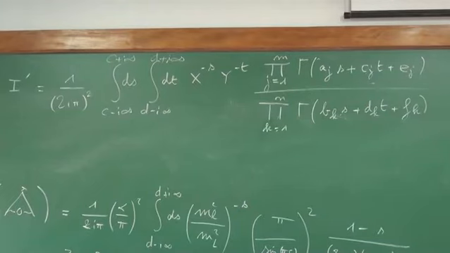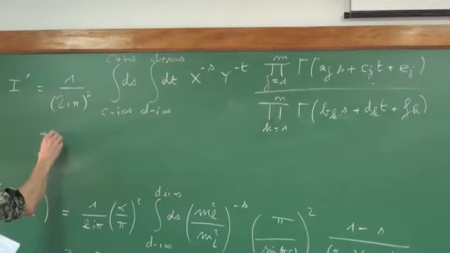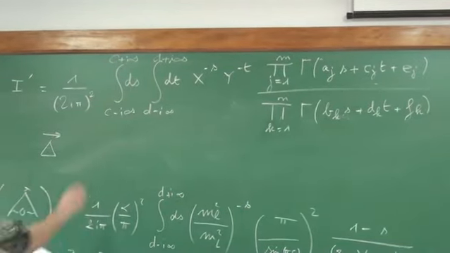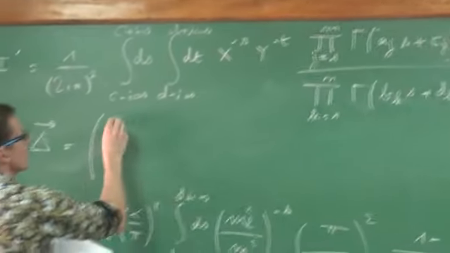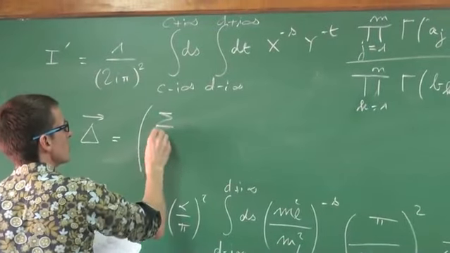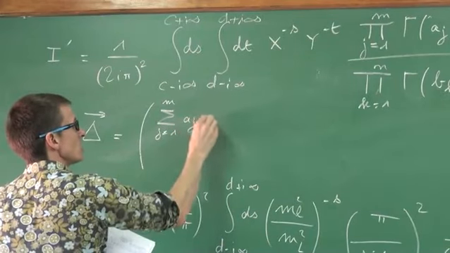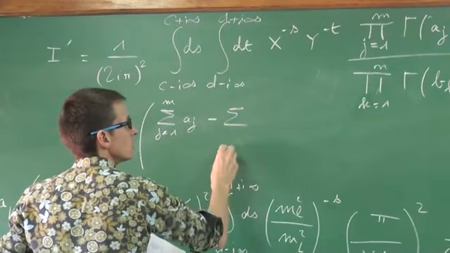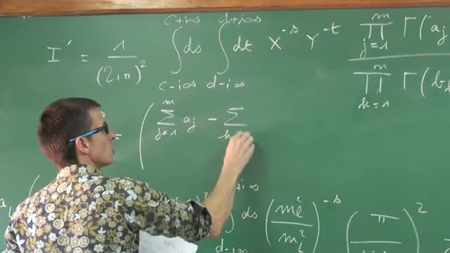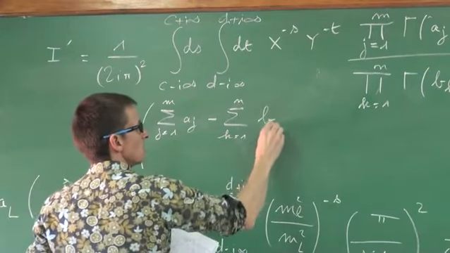Now, you can define a vector delta this time, which is equal to the sum j equal 1 to m of a_j minus the sum k equal 1 to n of e_k.